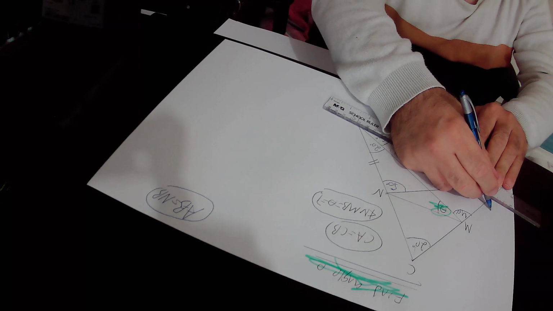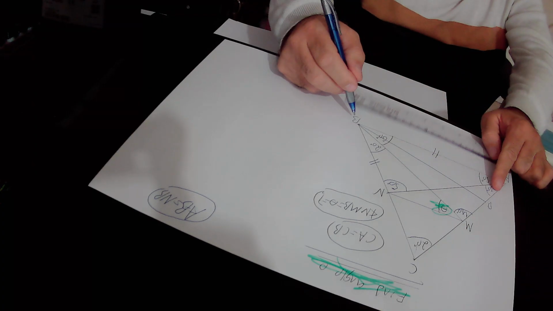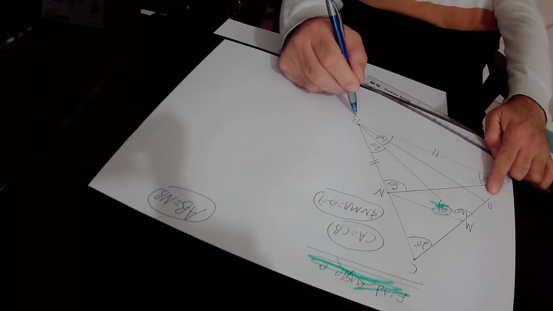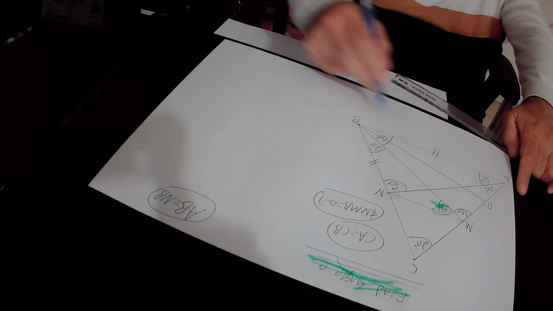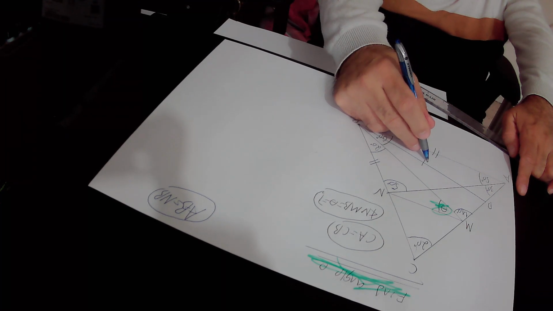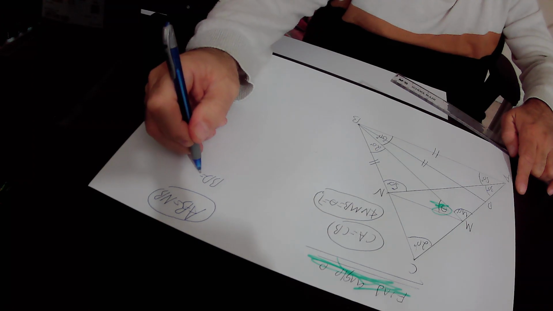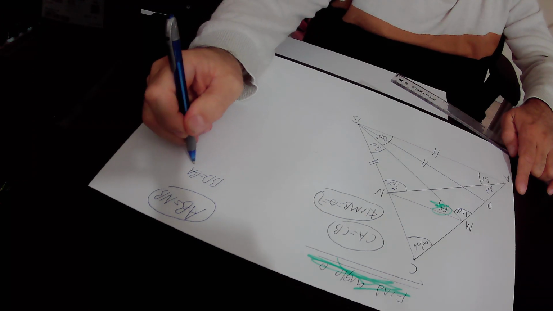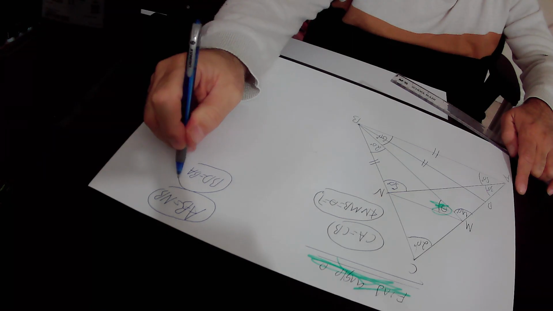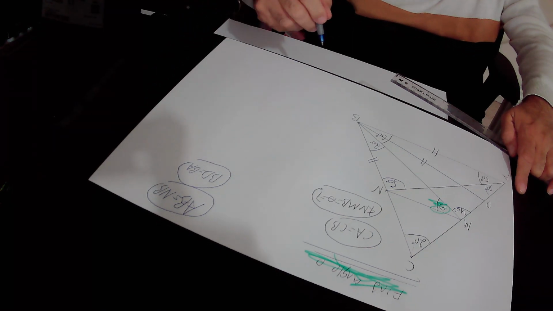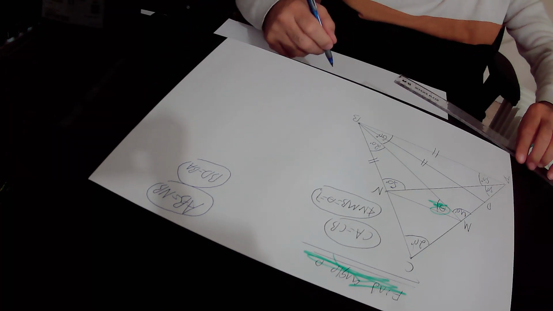So this is line segment BD. We draw line segment BD in such a way that BD will be equal to BA. BD equals BA according to our construction.